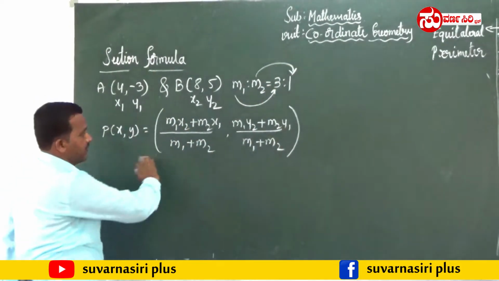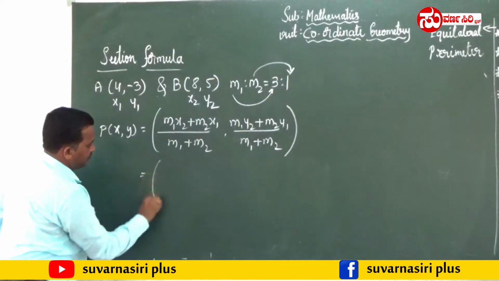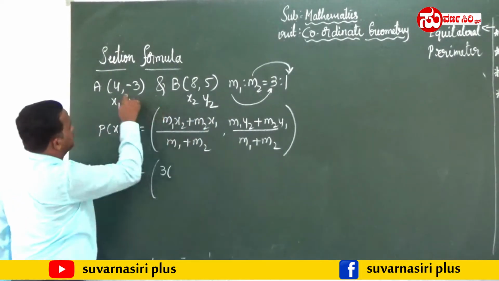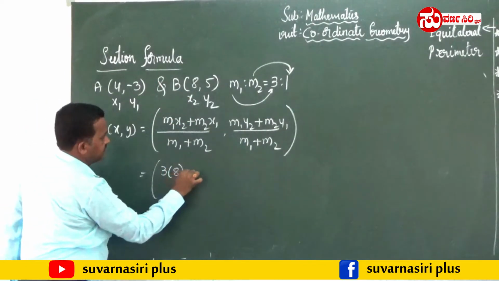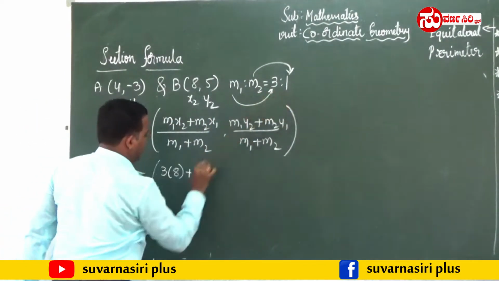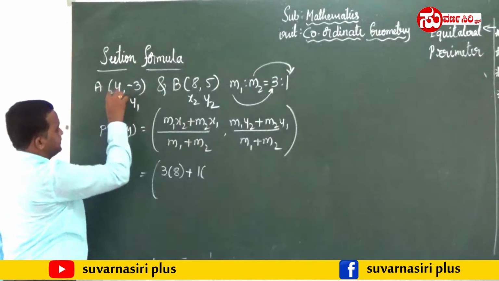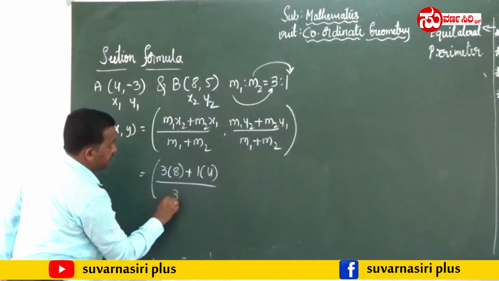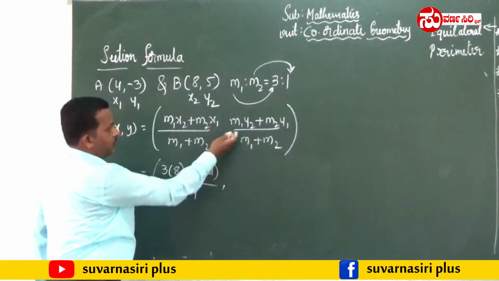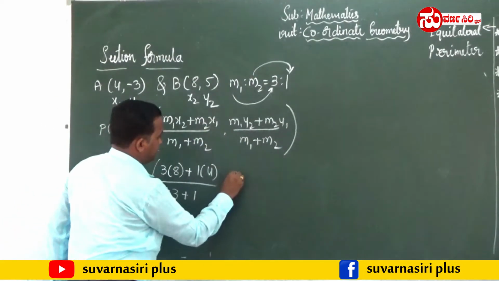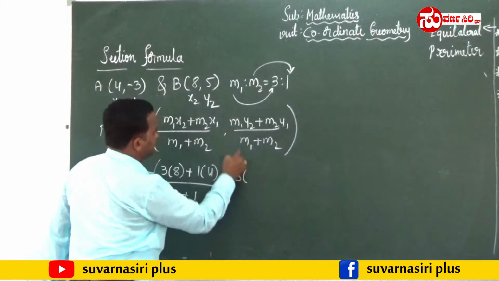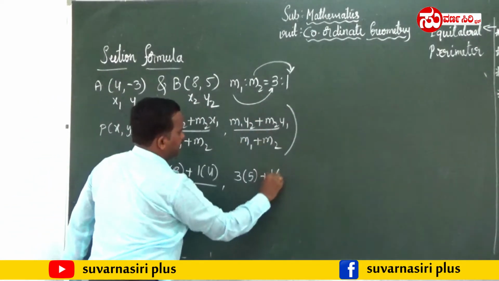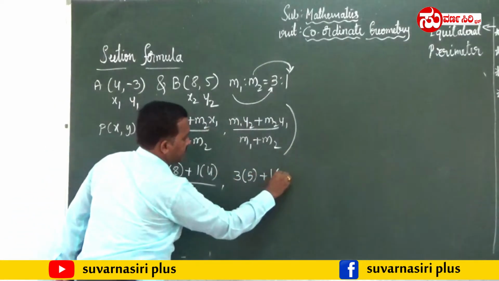Now substitute all the values in this. So m1, that is 3 into x2, here 8, plus m2, that is 1 into x1, that is 4, divided by m1 plus m2, that is 3 plus 1. Move to the y coordinate. m1, that is 3 into y2, here 5, plus m2, that is 1, y1 is minus 3.